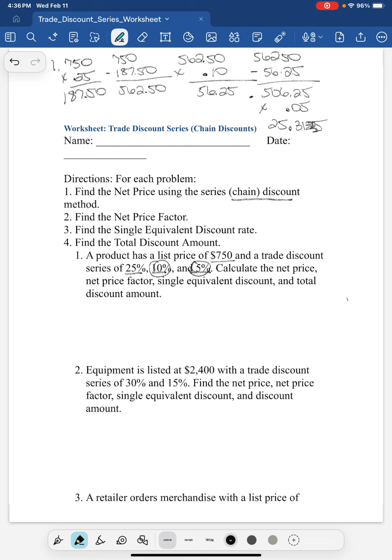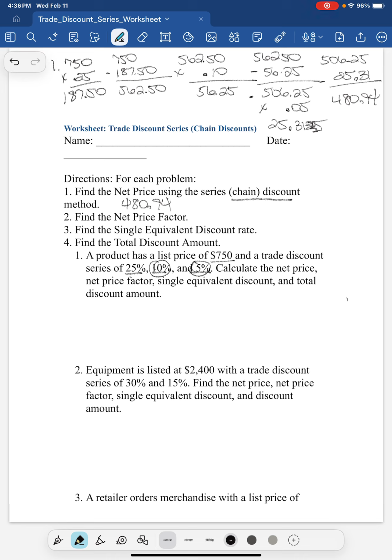Then we have 506.25 minus 25.31, and when we subtract that out, we are at the final price we are looking for: 480.92 is the net price we find using the chain discount for the series.